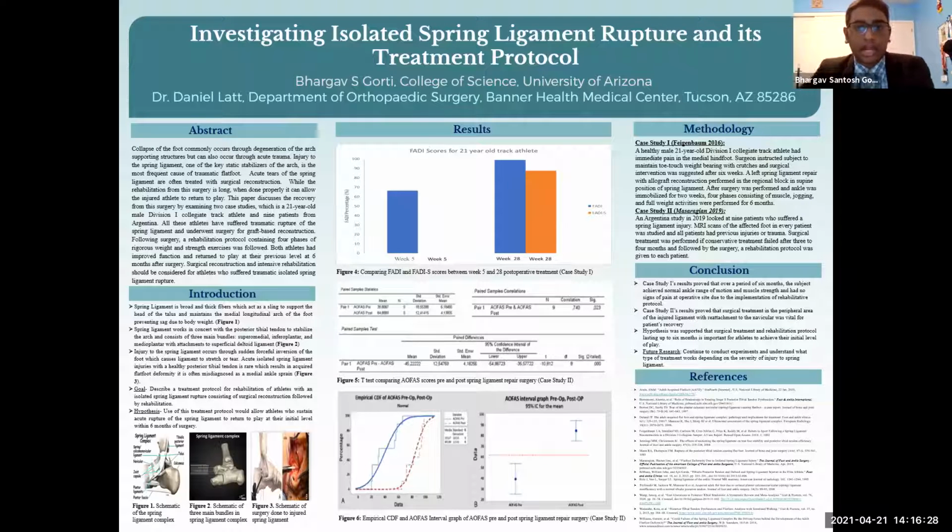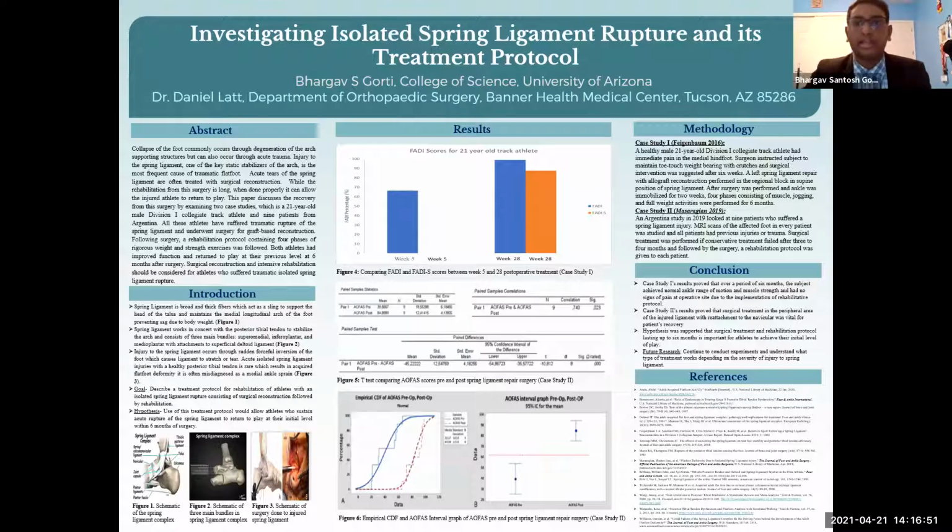The next figure that I would like to mention is figure 5 for case study number 2, where we looked at t-tests comparing the pre and post operative treatment. A t-test is very effective for comparing average values of 2 data sets, and it's used to see if there's any significant difference between 2 groups.